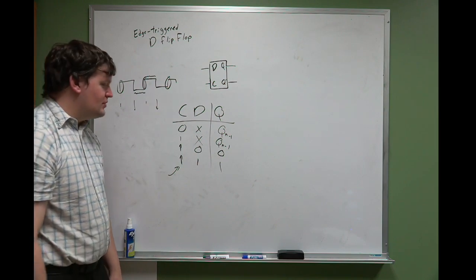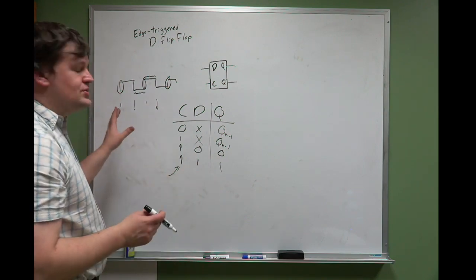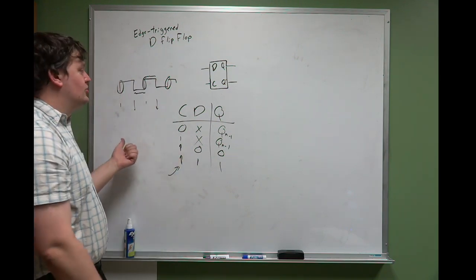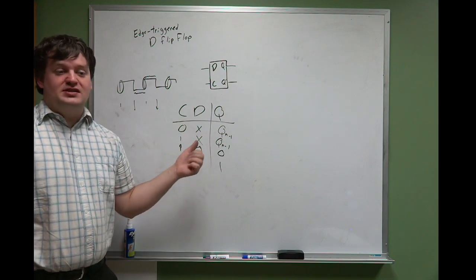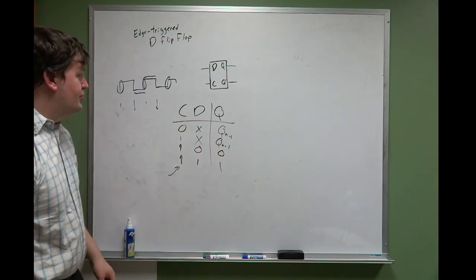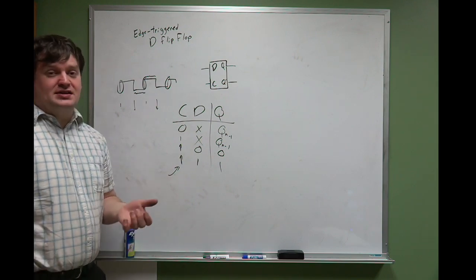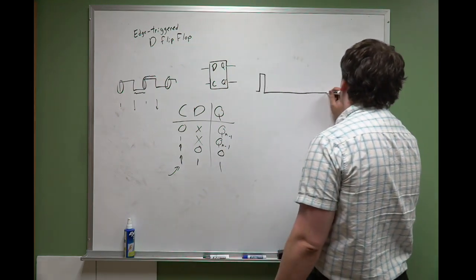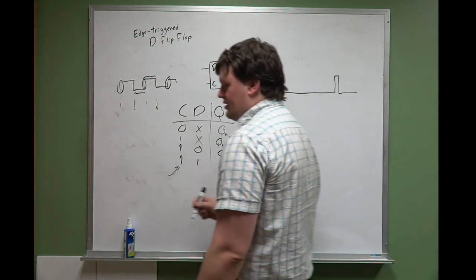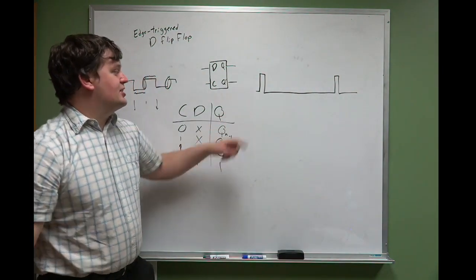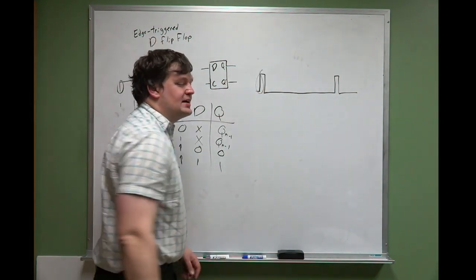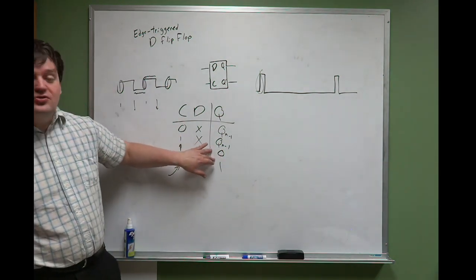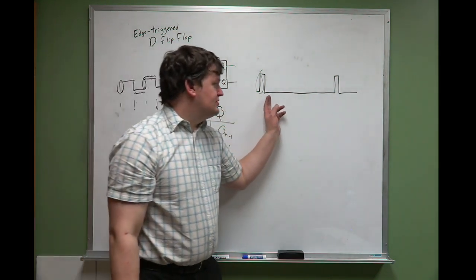Okay? Now, with your clock signal, you can see that we can actually play around with this a little bit. Because if we put in a regular clock signal, yes, it will store the value of D for one full clock cycle. But we could also put in a different clock signal. I can make it be something like this. Where now, as soon as this leading edge is determined, it reads whatever value D is, changes Q to be equal to that value, and then stops.